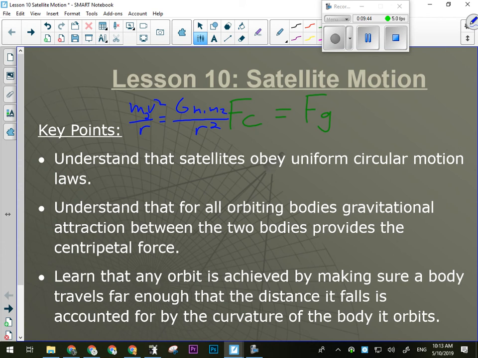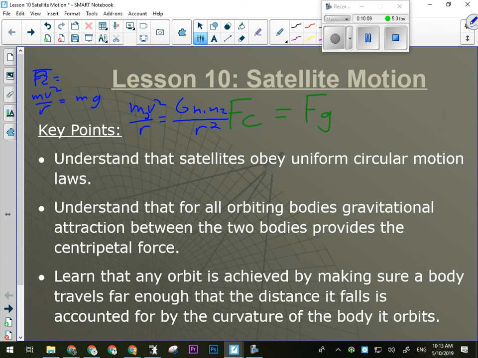All right, so mass 2, the mass of the orbiting object, ends up on both sides, and as a result, anytime I do a manipulation, that mass is going to cancel. The reason for that is because even though we're not using this formula, m v squared over r equals m times g is still true.